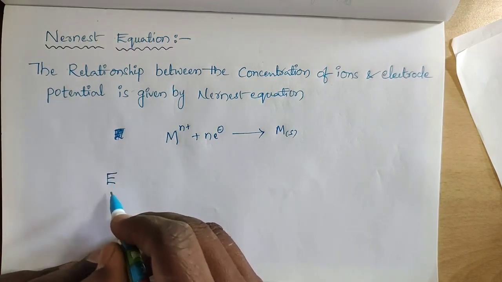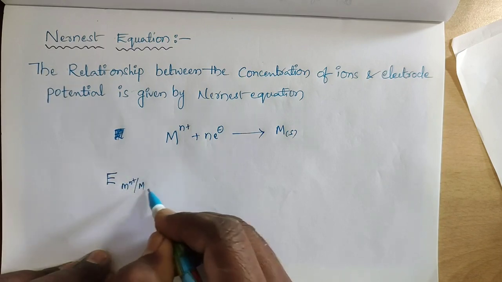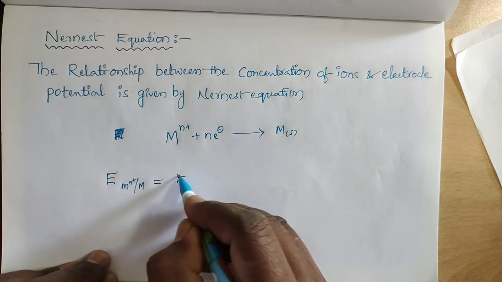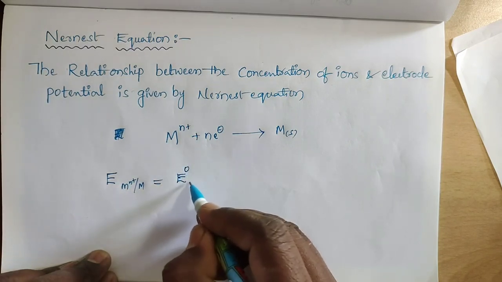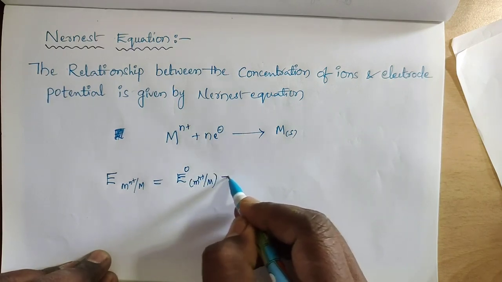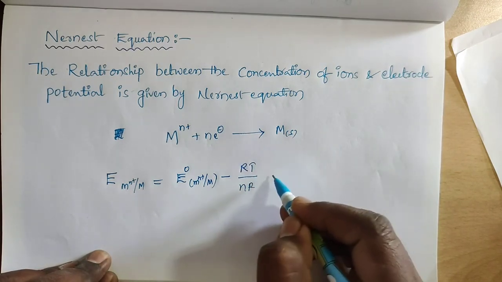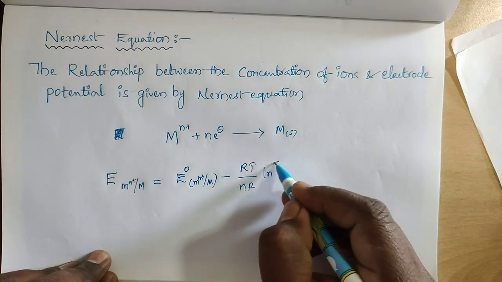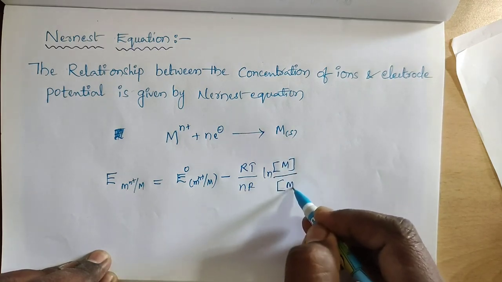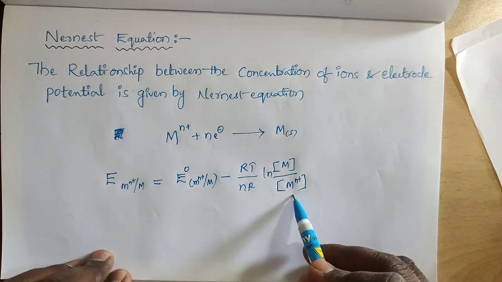We represent this as E, the electrode potential E of M n plus by M, equal to E naught of M n plus by M minus RT by nF ln of the concentration of M by the concentration of M n plus, that is, the concentration of metal by the concentration of metal ion.